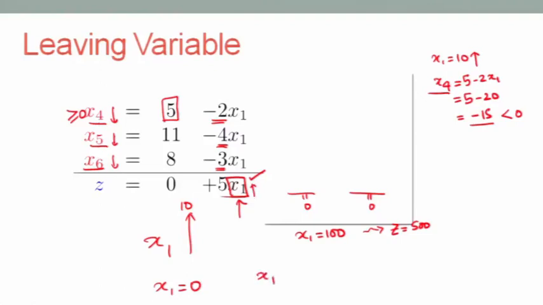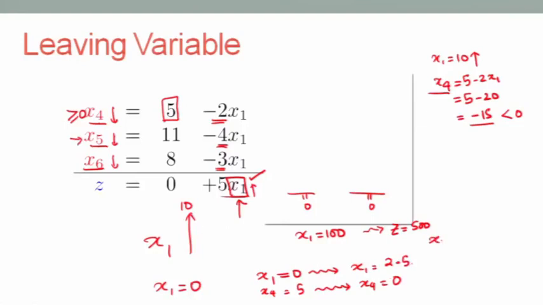Okay, so how much can x1 go up? So x1 can go up from 0, and you can take it up to around x1 equals 2.5, and when you do that, x4, which starts from 5, starts to decrease, and when x1 is 2.5, x4 is 0. Okay, likewise look for x5.